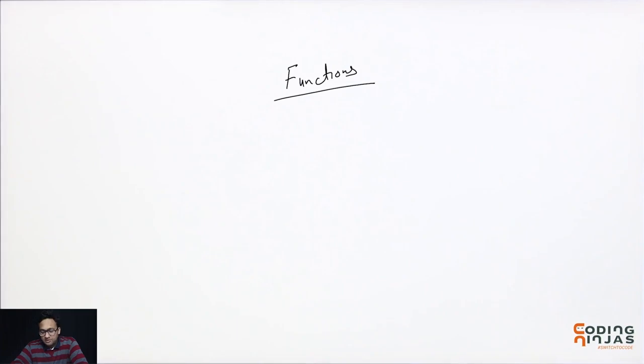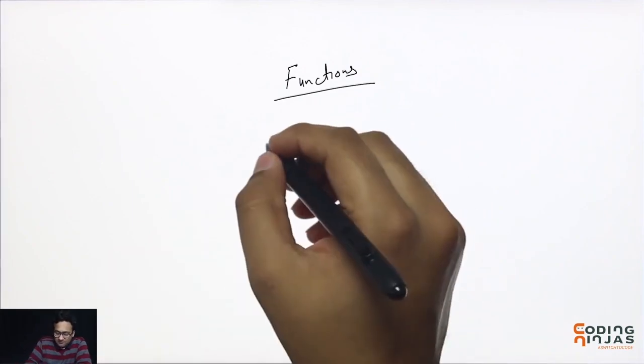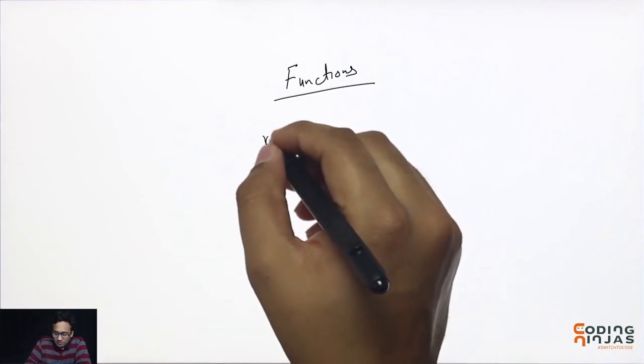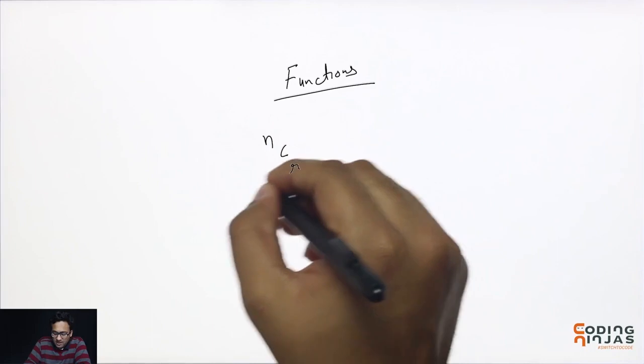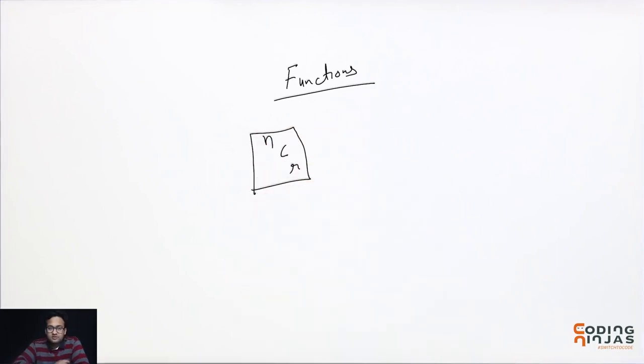Great. To get started, I'll start with a problem. The problem that we want to solve right now is to compute NCR, n choose r. What exactly is this number? I hope you still remember it from your school days. NCR basically means n choose r.